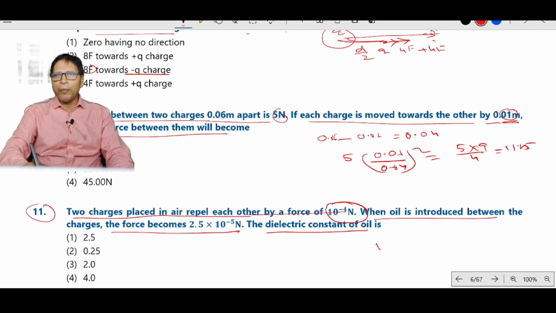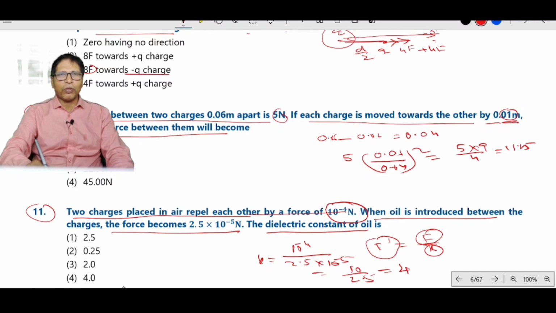You know F dash equals F by K, that is, force in a medium is equal to force in air divided by K. So K equals force in air 10 to the power minus 4 divided by force in oil 10 to the power minus 5. So this is 10 by 2.5, which is 4. Option 4 is correct.